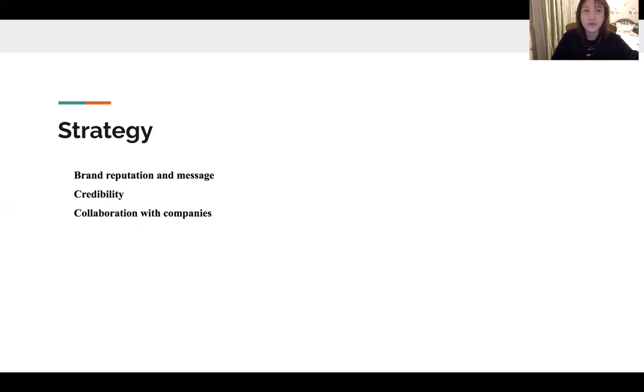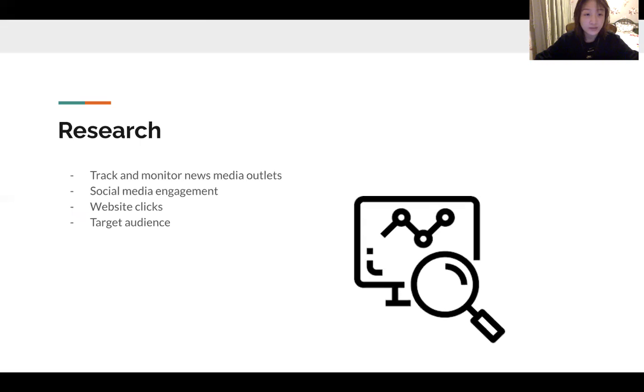And we will collaborate with some local or global news media outlets. The outlets we are looking at are the Boston Globe and the New York Times. One is global and one is more local. And we will also collaborate with other companies in terms of product launch, which can also raise our brand awareness.